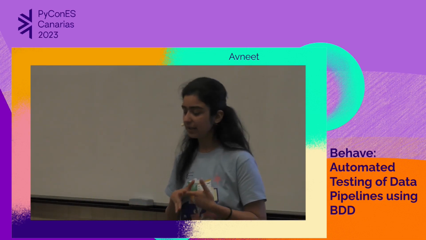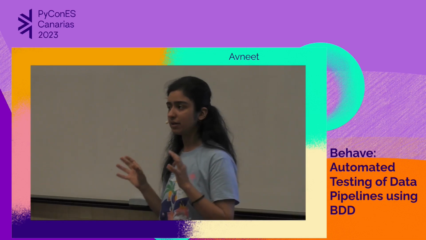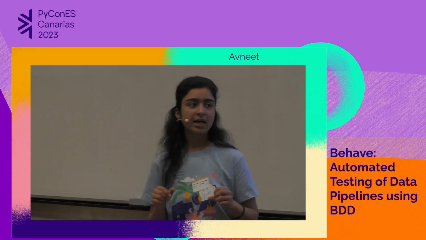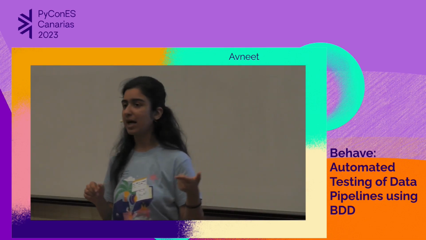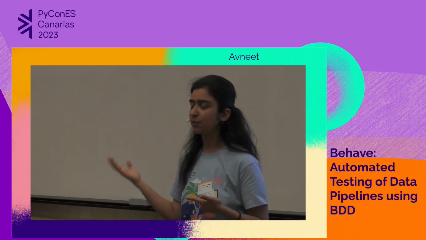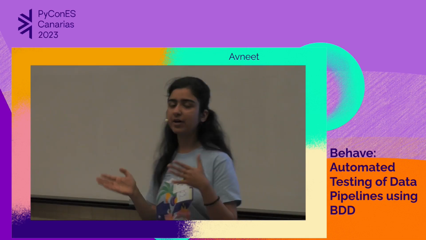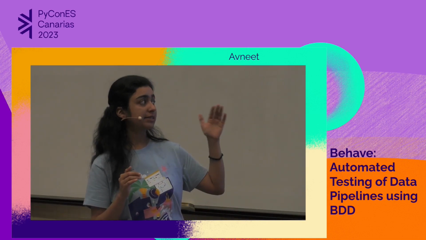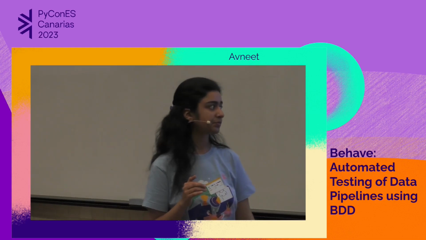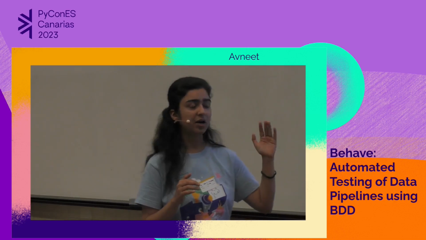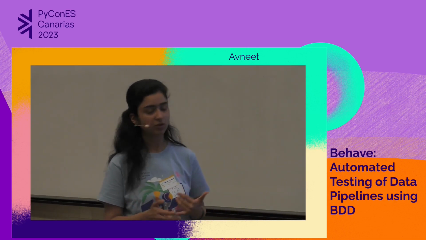Finally, in the then statement, you provide what is expected in the result. It is the then step that defines whether the test will pass or fail, because it verifies the output against the things given in the then statement. In the subsequent slides, we'll see what the step implementations look like.